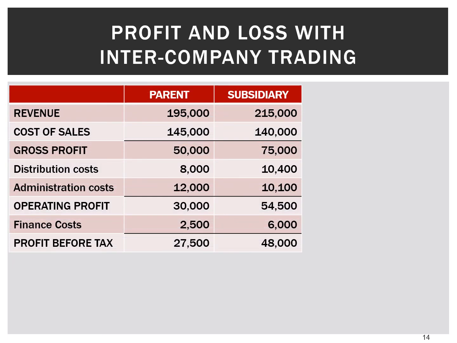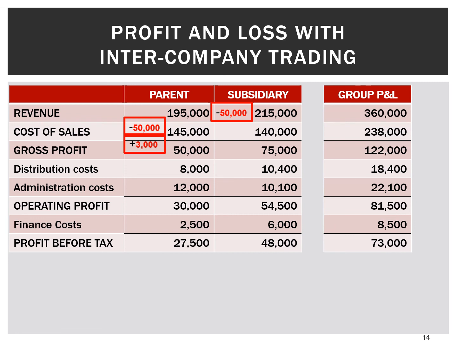So let's just look back at the example that we worked through before. Remember, we're reducing the revenue and cost of sales by the amount of the intercompany sales, and we're also increasing cost of sales as a result of eliminating the unrealized profit on the closing stock, and that gives us a group profit and loss account of 73,000.